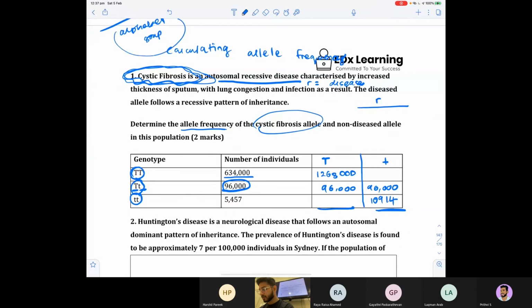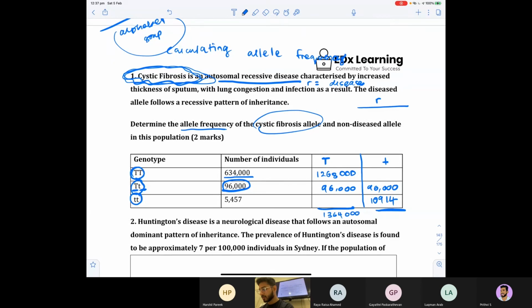Now what are you going to do? We want to find our alphabet soup. We're going to add all the big T's, add all the little t's, add them together. So how many big T's do we have in total, everyone? Someone get a calculator and do it, because we need one for this. Big T's? 1,364,000.